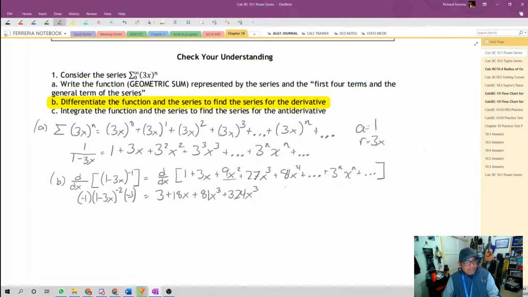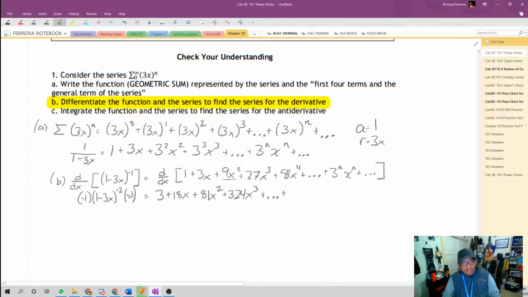And then the derivative of 27x cubed is just 81x squared, and then the derivative of 81x to the 4th is 324x cubed. And I've left the general term so we can do that together.